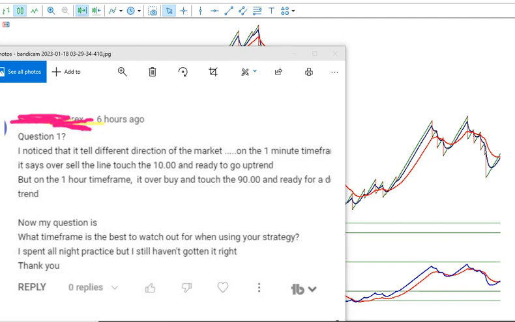But on the 1 hour time frame, it is overbought, touches the 90 and is ready for downtrend. Now my question is, what time frame is the best time frame when using your strategy? I spent all night practicing, but I still haven't gotten it right. Thank you. This is what the person said.